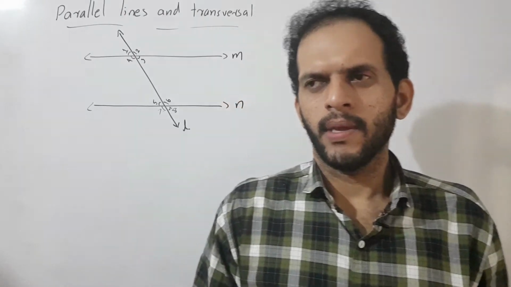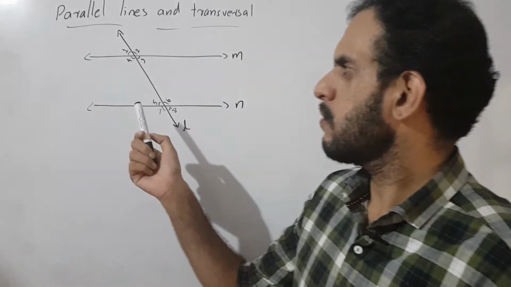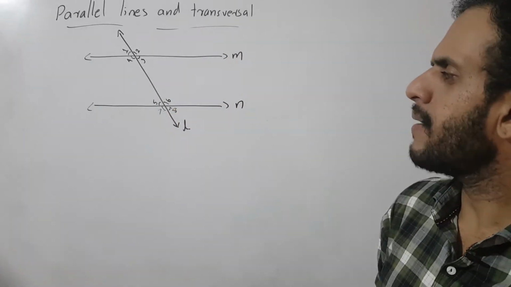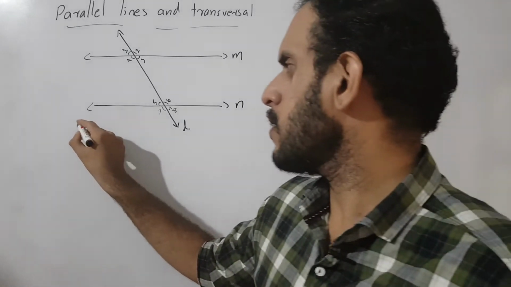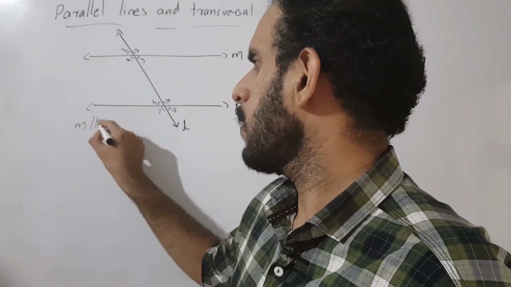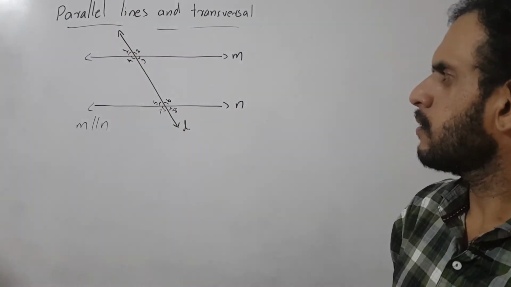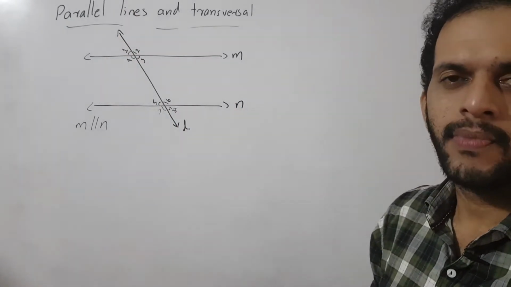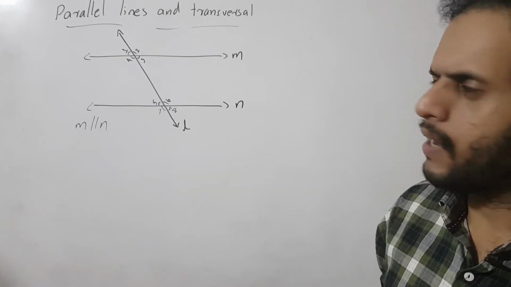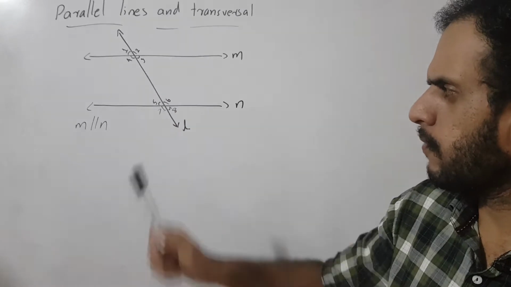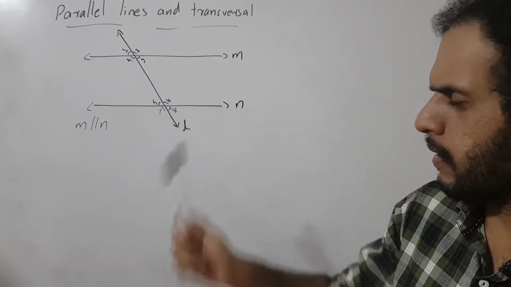Here, if a transversal intersects two parallel lines, M is parallel to N and L is a transversal intersecting these two parallel lines. Then we also get 8 angles, angle 1 to angle 8.